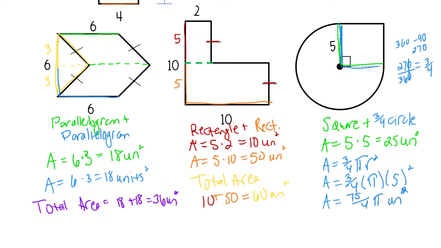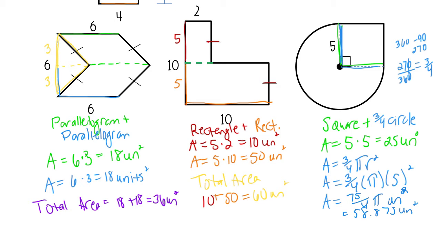We make that a decimal. That'll be 18.75 times 3.14, which is 58.875 units squared.